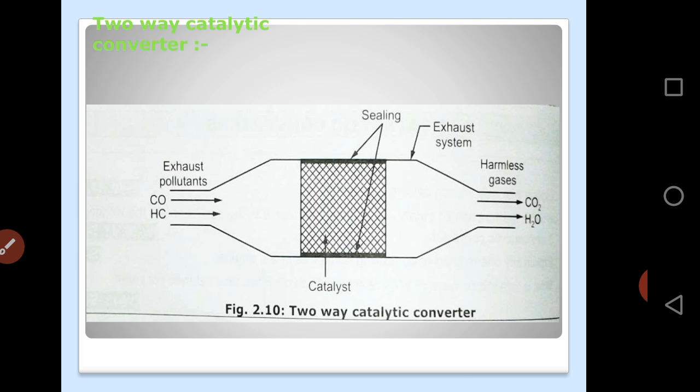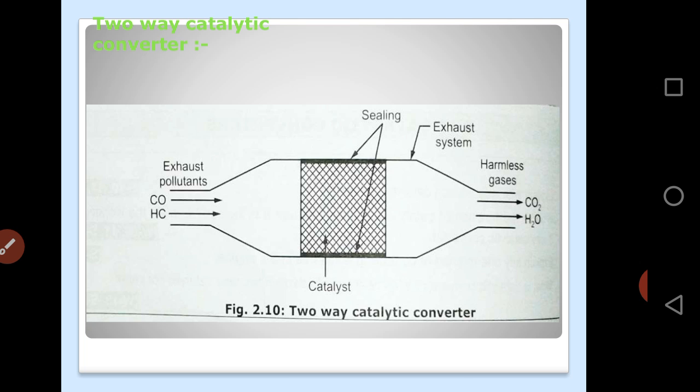We use rhodium to convert the NOx present in the exhaust gases into separate nitrogen and oxygen. At the same time, platinum and palladium also act as catalysts, and with their help we convert hydrocarbon into water and carbon dioxide, and carbon monoxide into carbon dioxide.